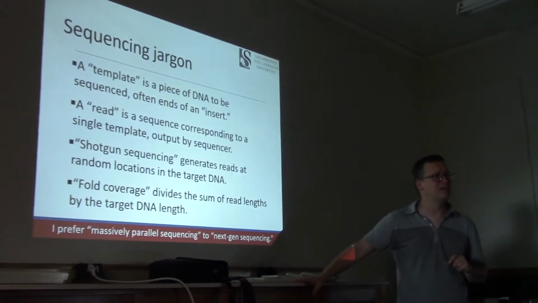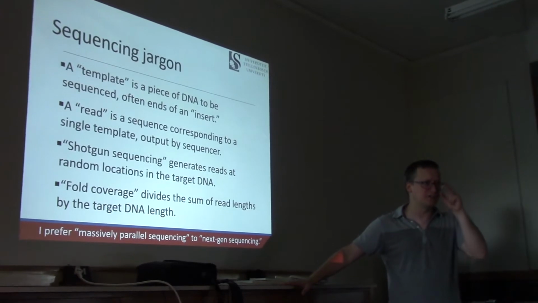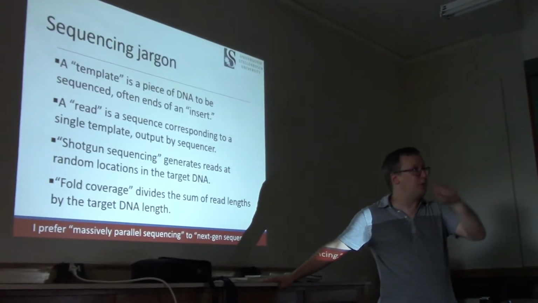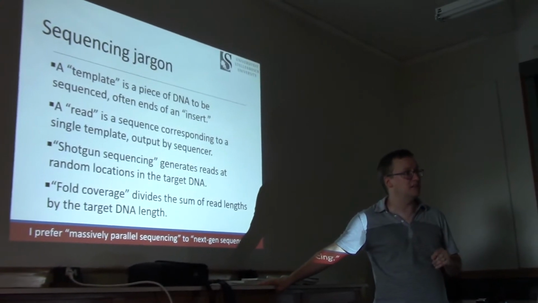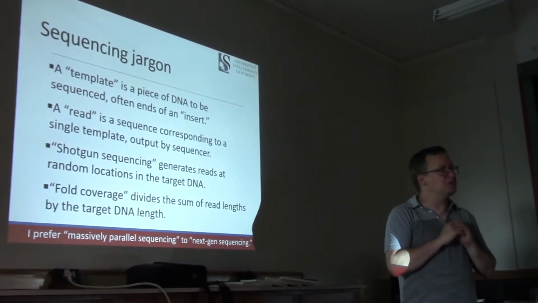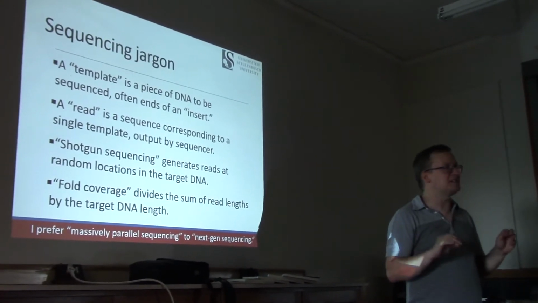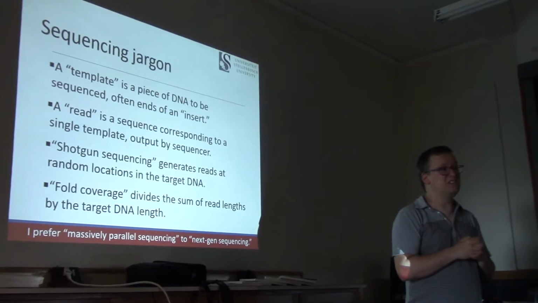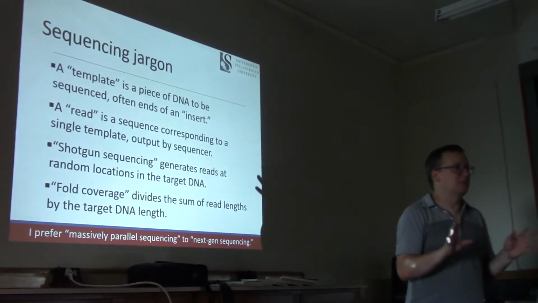And finally, we have fold coverage. You will find that if you go poking through the taxonomy at NCBI, the National Center for Biotechnology Information, almost any animal you can name has had somebody try to do some sort of sequencing associated with it. We sequence everything.